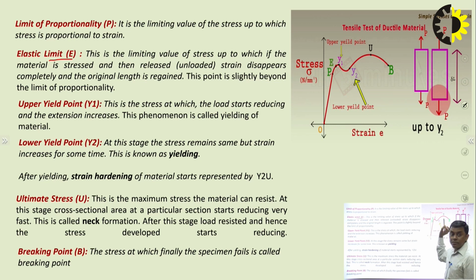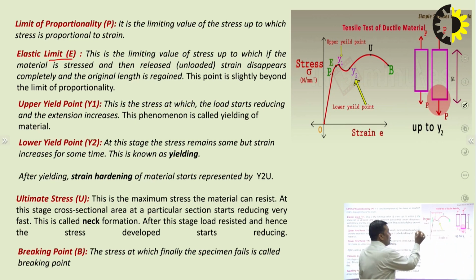Then, after the elastic limit, we are reaching the range of plastic deformation. In the plastic deformation, what does it mean? After removal of the deforming force, the material is not getting its actual shape and size. So, beyond point E, if the stress is increasing, then the plastic deformation of the material starts, and slowly it is reaching up to the point Y1, which is known as the upper yield point Y1.